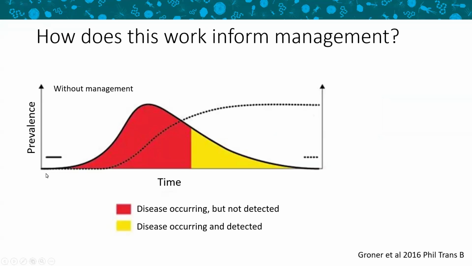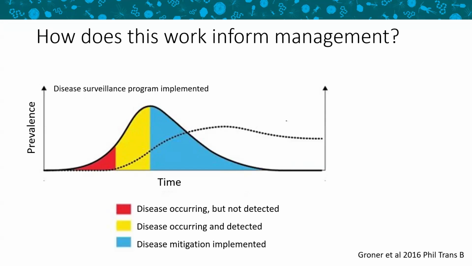Typically, a disease epidemic looks something like this. Without management, you might not detect the disease until the epidemic is at or past its peak, and that leaves very little opportunity for any mitigation processes. If you have a surveillance program, you might detect the disease earlier and be able to do some implementation and mitigation.